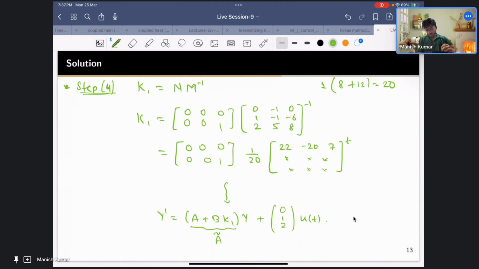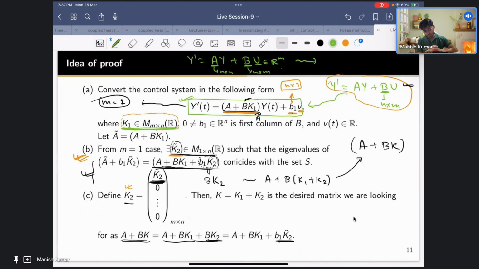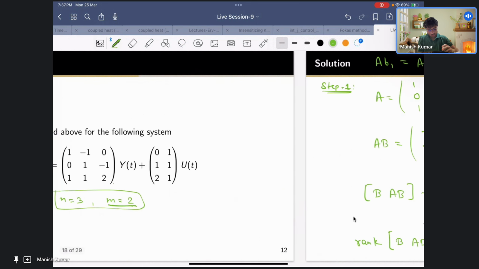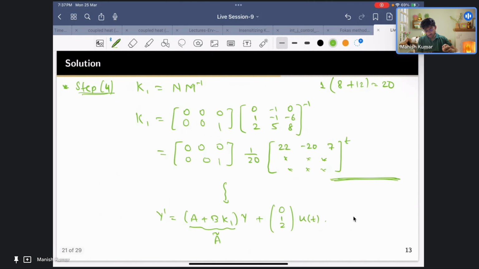The question was just to find the matrix K1, but to find K2 you can use the method I just stated, the case m equal to 1 from the first example. Finally K would be K1 plus K2. That's all for this problem.